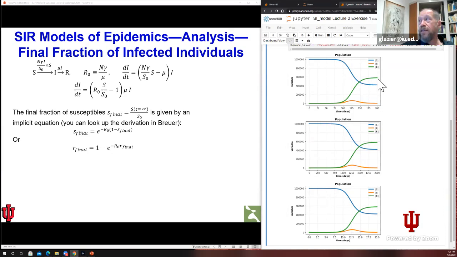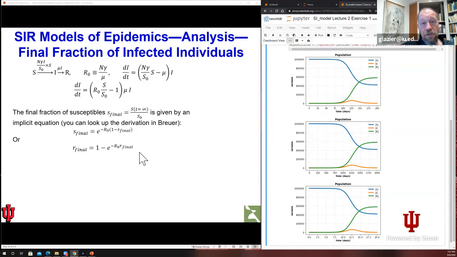The fraction infected, that is this green position here, is given by an implicit equation. R final is equal to 1 minus e to the minus R naught times R final. That's a simpler looking equation, but you'll notice R final is on both sides of it.